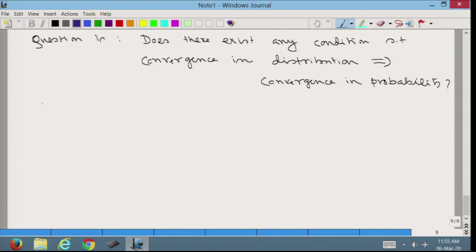The answer is yes, and here is the theorem.